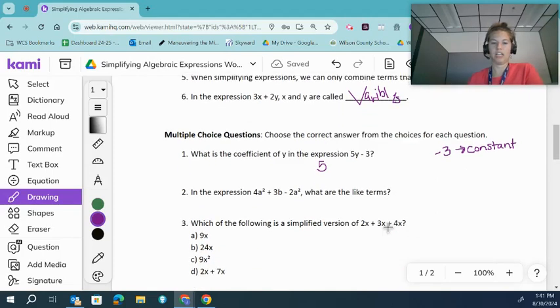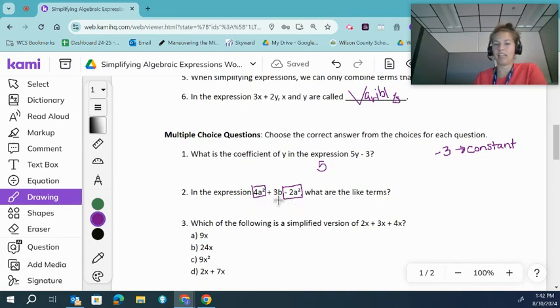Now let's take a look here. The like terms: we have 4a squared is a term, 3b is a term, and negative 2a squared is a term. 4a squared and negative 2a squared both have the variable raised to the same power, so those are your like terms here.